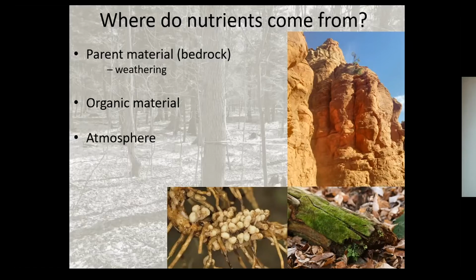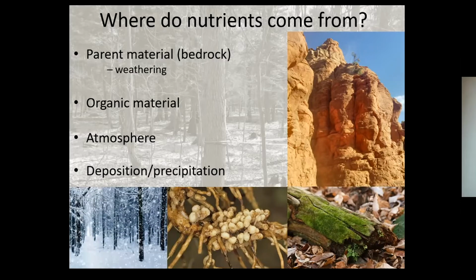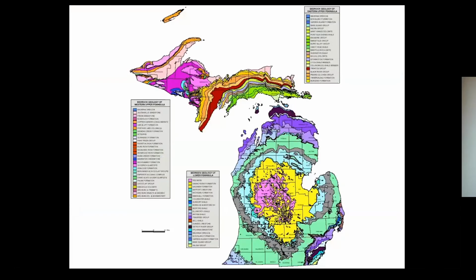There are some plants that have relationships with bacteria, such as black locust trees, or any of our legumes, that have the advantage of taking atmospheric nitrogen and forming available nitrogen for the plant. And then the last one is deposition or precipitation, with nutrients that come in through rainwater and snow.